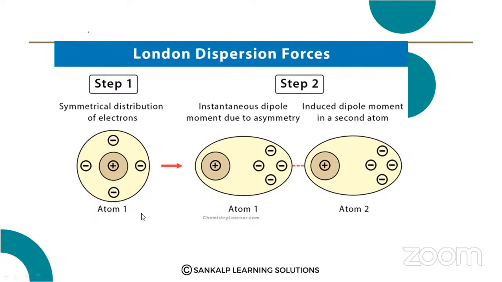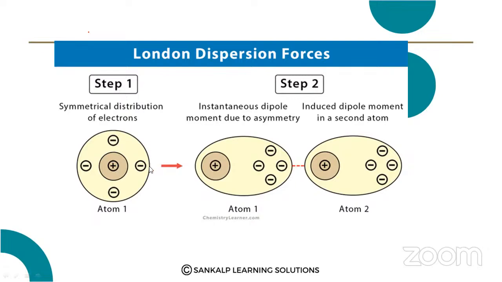You can see here in step 1, what is happening? The charges are symmetrically distributed. This force is temporary, and these forces are always attractive. You can see there is a symmetrical distribution of positive and negative charges.